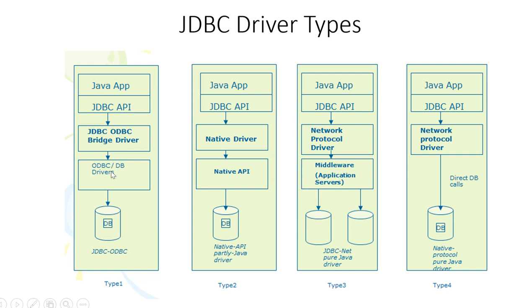So it's very slow, and actually this type 1 driver was deprecated after Java 8. Still, it's important historically, because it was the first way Java applications talked to databases. And the second one is called the native API driver.